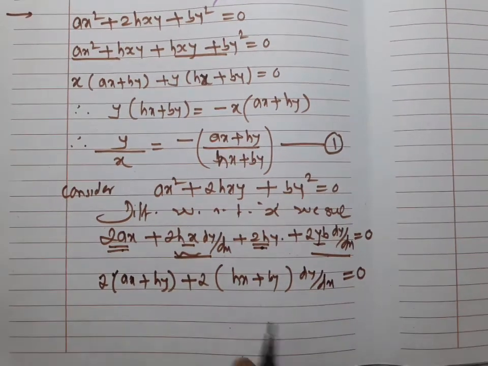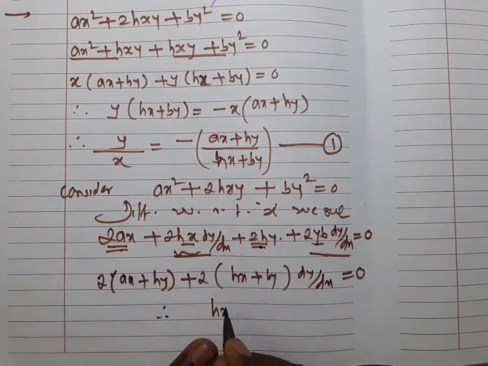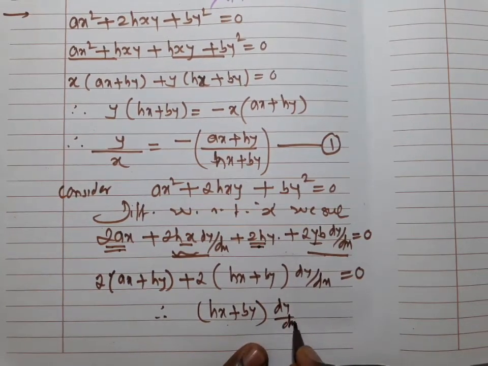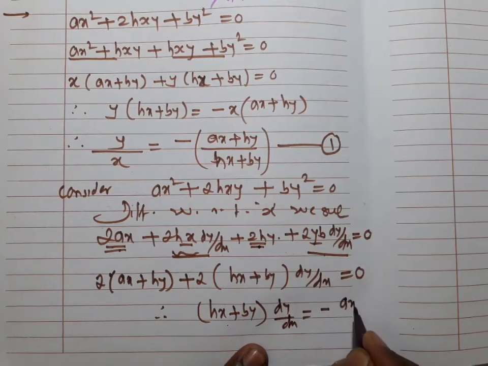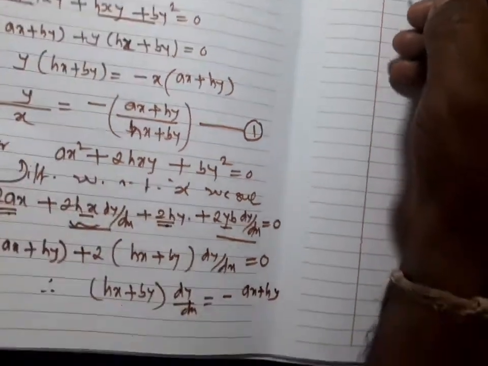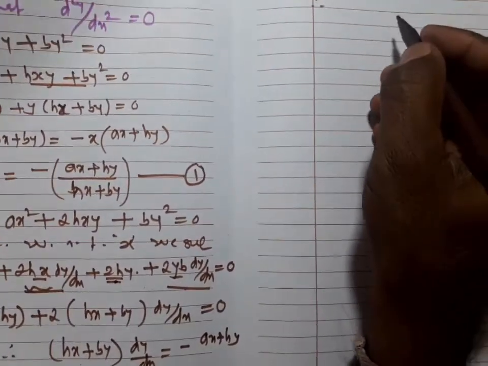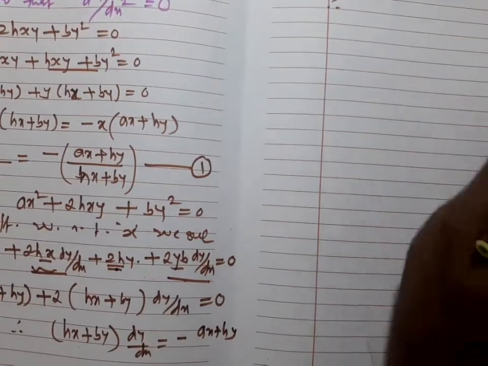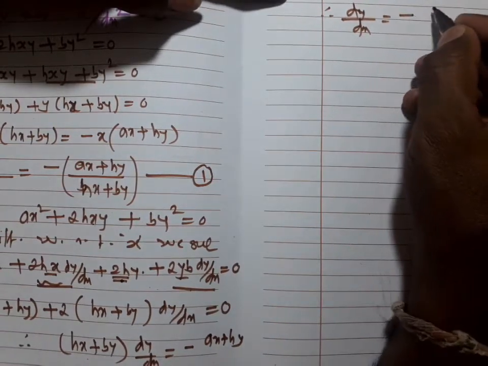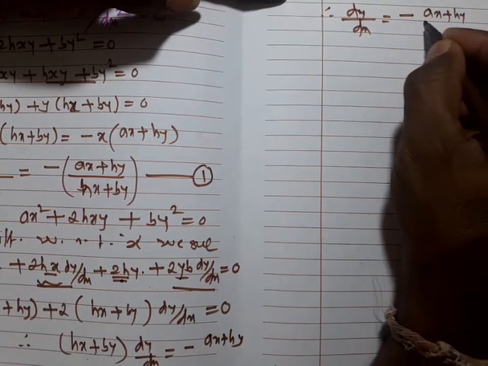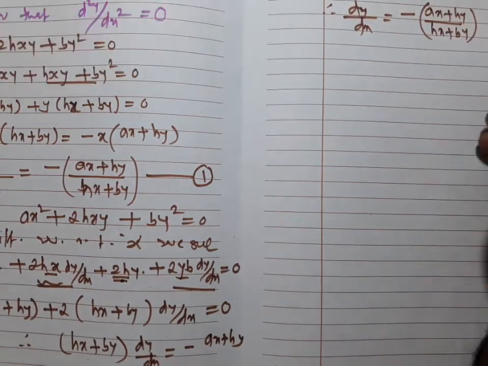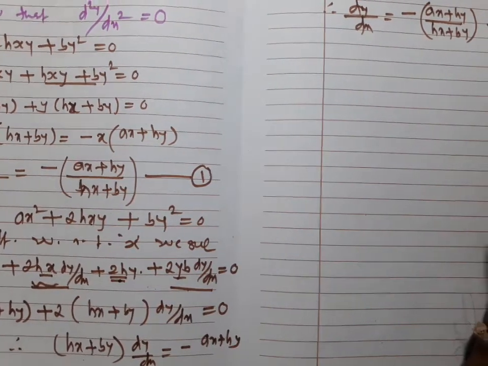Cancelling 2, therefore (hx plus by) dy by dx is equal to minus (ax plus hy). Therefore dy by dx is equal to minus (ax plus hy) upon (hx plus by). This is equation number 2.